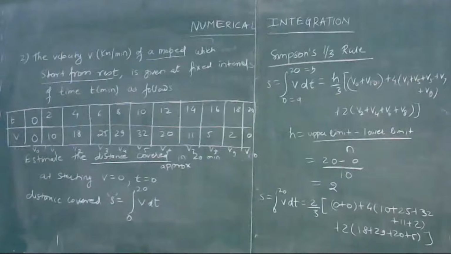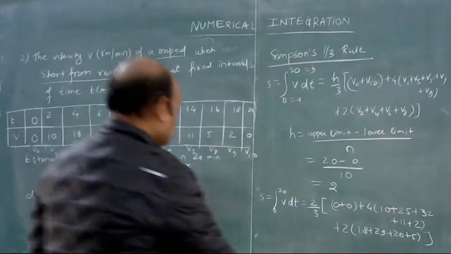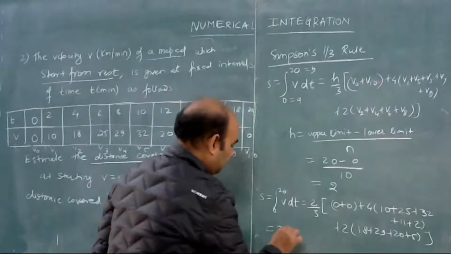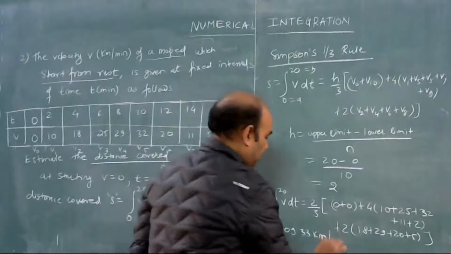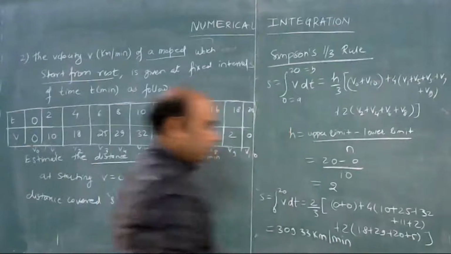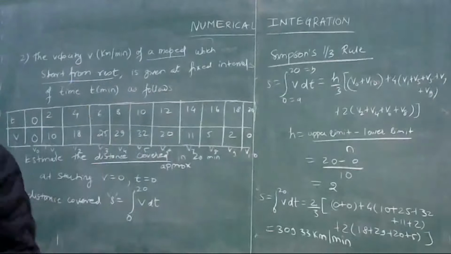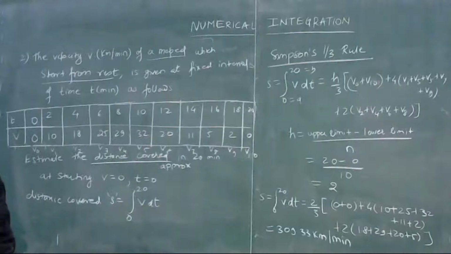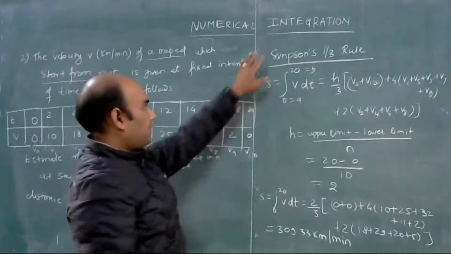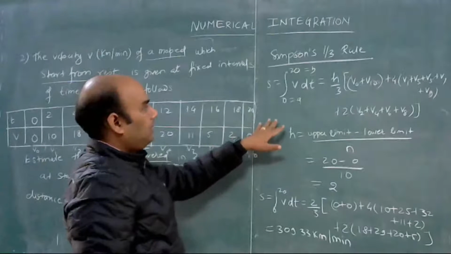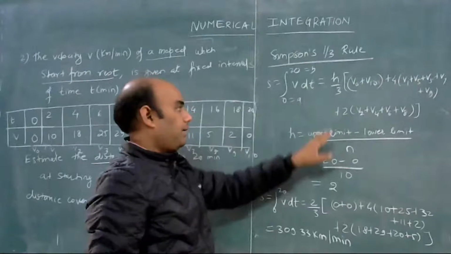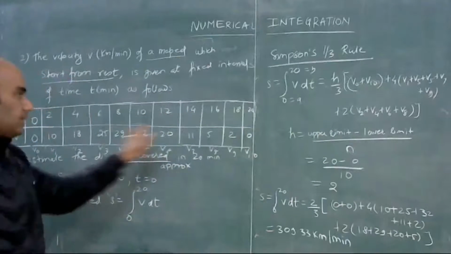So solve this, you will get 309 upon 3 per minute. First, you should know which formula has to be applied here, and then you have to find the value of h, and the values of v are given here.